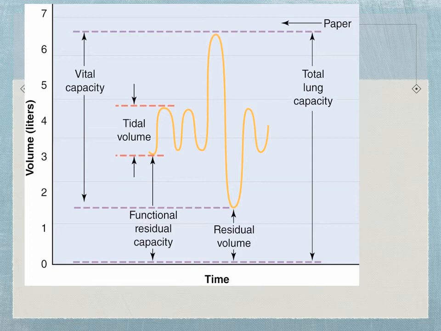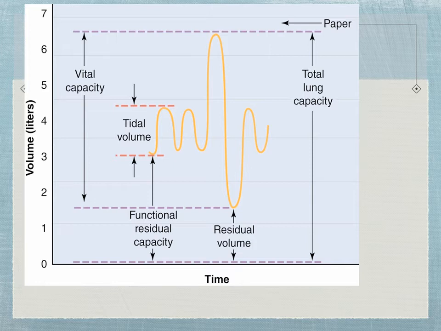And then we also have an inspiratory capacity. We have the ability to go beyond our tidal volume or our normal inspiration and take more air in. And we also have the ability to expire or force more air out of our lungs, an additional expiratory volume.